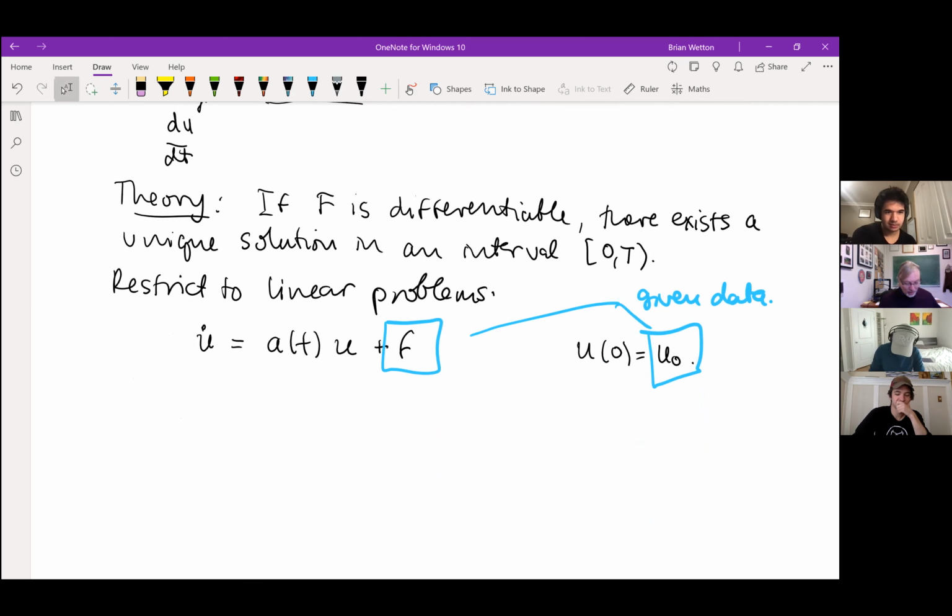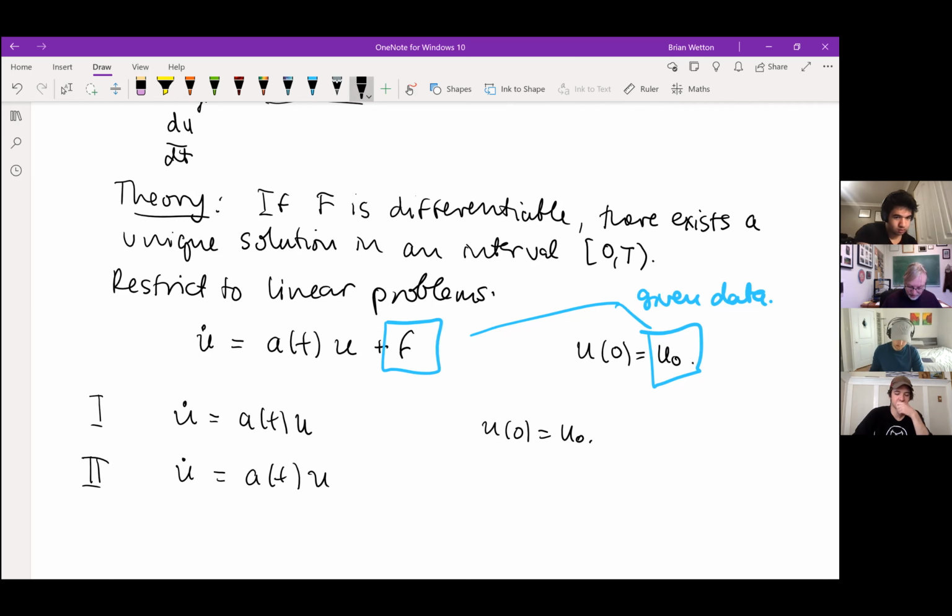So there are two types of problems. I've got problem number one, where I've got the initial conditions, but not the forcing. And I've got the second type of problem, where I've got the a of t u plus the f, but I don't have any initial conditions.